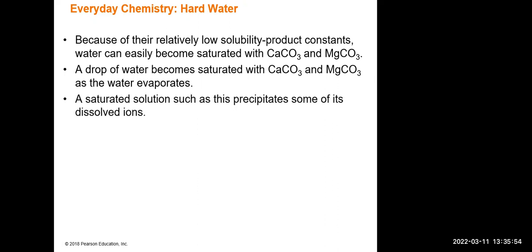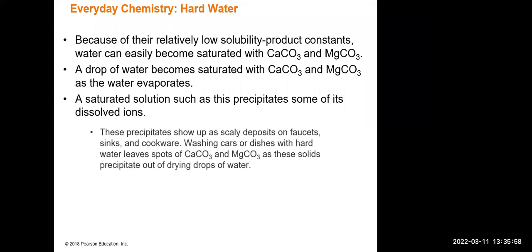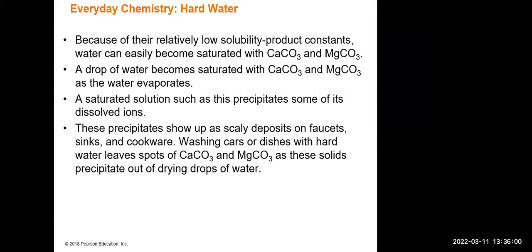So a saturated solution such as this precipitates some of its dissolved ions. And so this precipitate shows up as scaly deposits on faucets, sinks, and cookware, causing cars or dishes washed with hot water to leave a spot of calcium carbonate and magnesium carbonate, as the solid precipitates out of the drying drops of water.